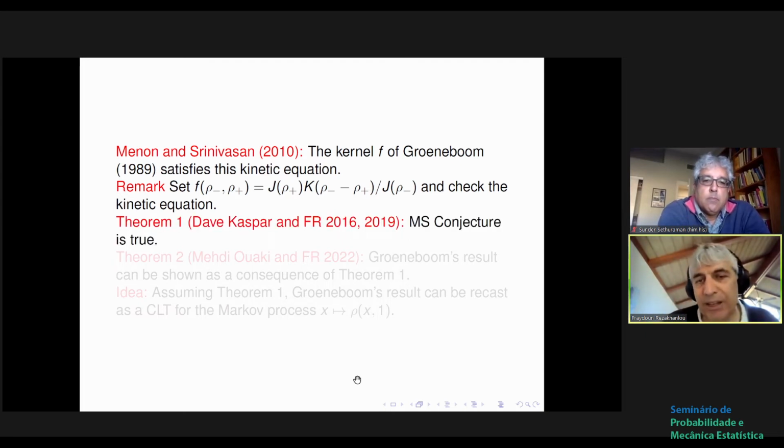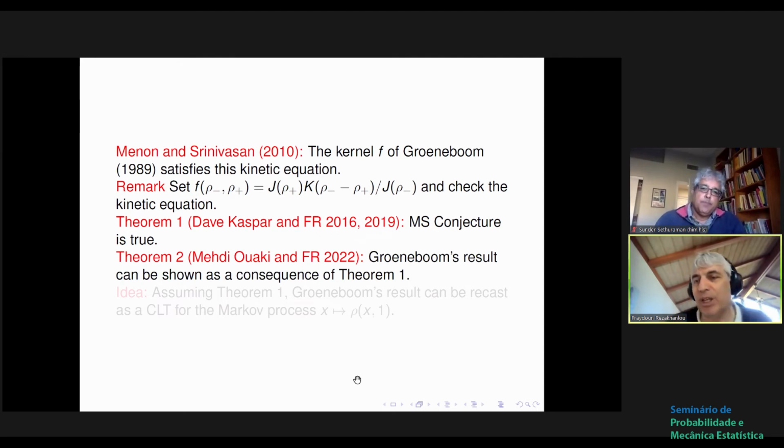And in 2 papers with Dave Kaspar, we managed to establish the Menon and Srinivasan conjecture completely. And therefore, we should be able to derive the Groeneboom formula directly because we have a candidate for a solution to the kinetic equation. So we should provide a new way of proving this. But even that was not clear. So I'm going to spend some time to show how we can use Theorem 1, which is the verification of this conjecture, and some central limit theorem to show that, in fact, Groeneboom's formula is true directly.